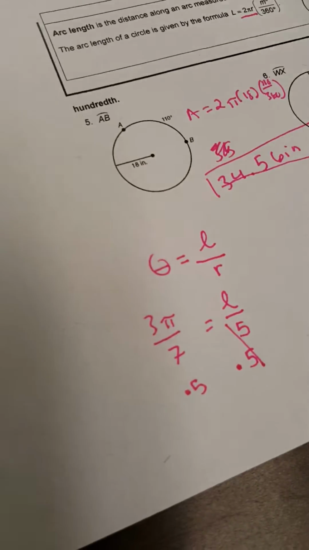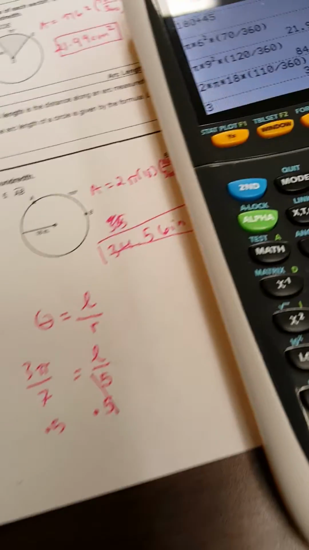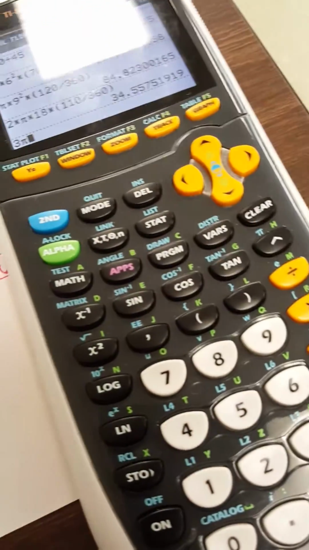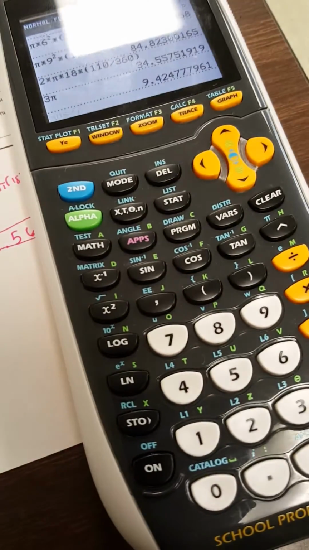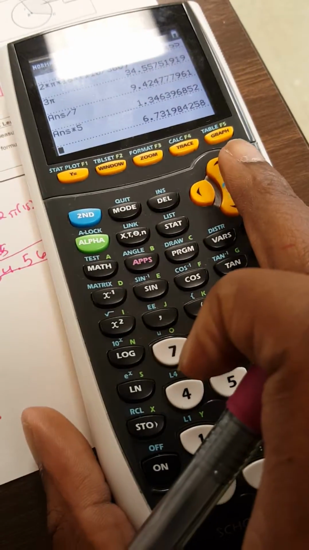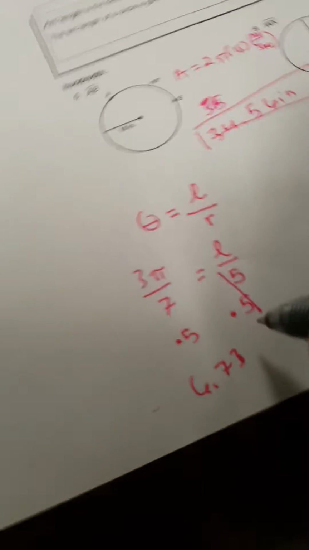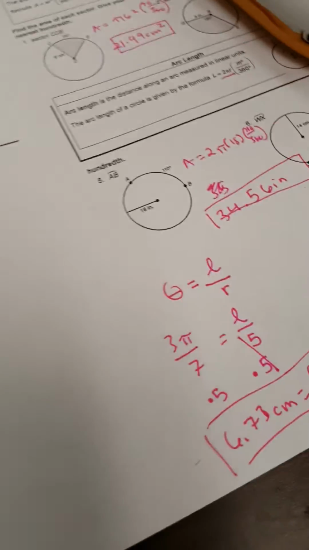And then I would do 3 pi divided by 7 times 5. And that would leave me with 6.73 for my arc length. And that's it.